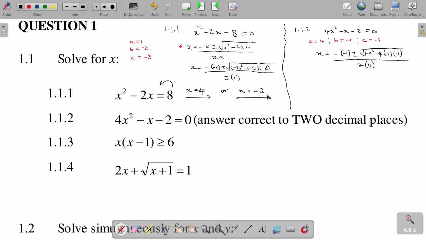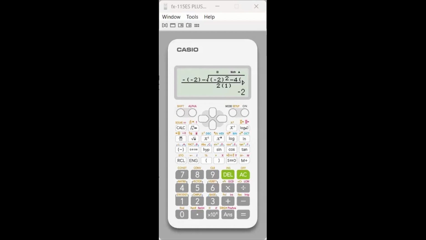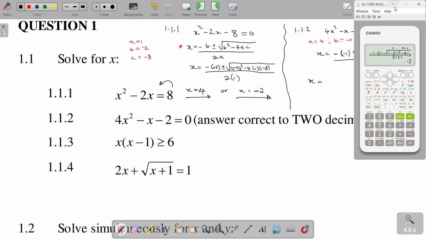Then we have to punch that on our calculator. Our x equal to, we go to our calculator. So let's check on our calculator.